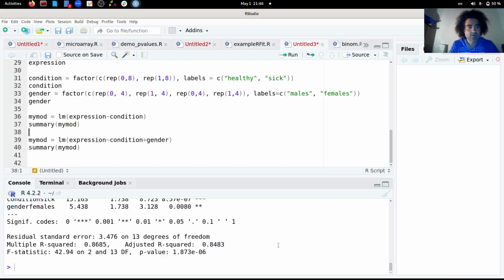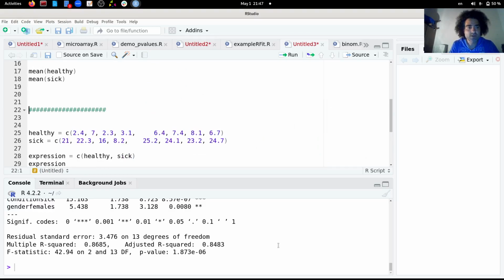Okay, so now let's suppose that we have 8 healthy individuals and 8 sick individuals. The expression values of these healthy individuals are these 8 values here. I just separated them to notice that these are males and these are females, and for the sick individuals these are males and these are females.